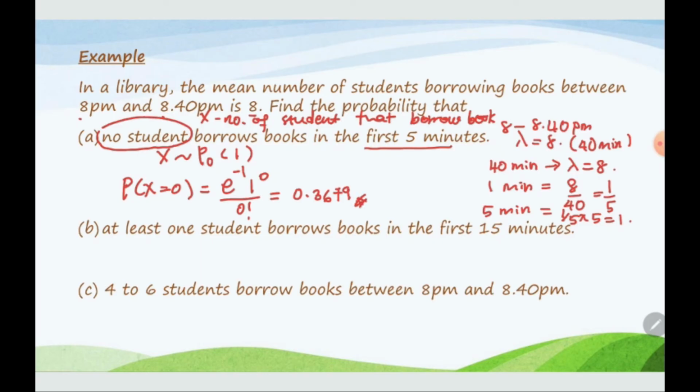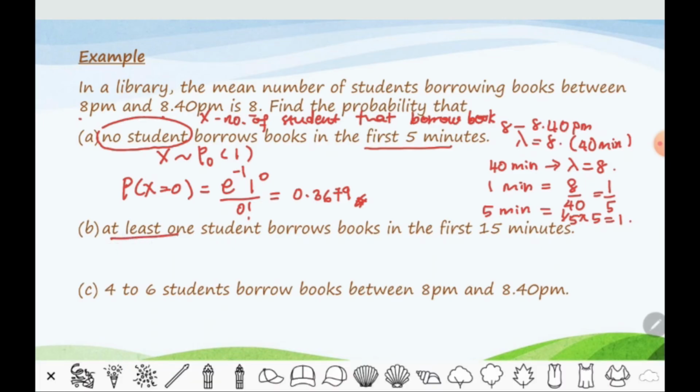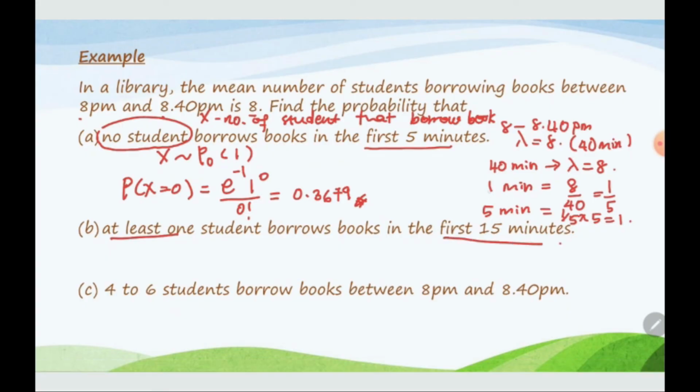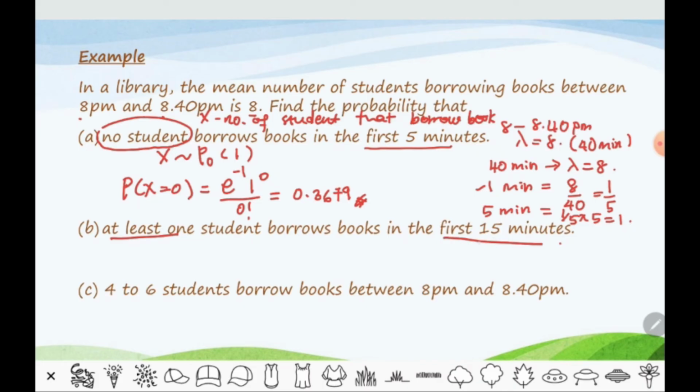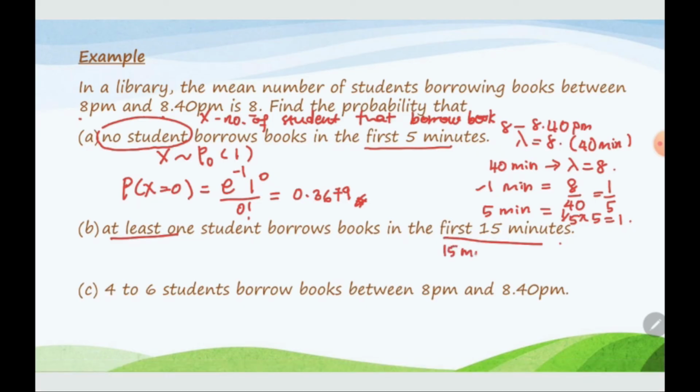Okay, then B, at least one student borrows a book in the first 15 minutes. At least one, which is X greater than or equal to 1, for the first 15 minutes. So we already know for 1 minute the lambda is 1 over 5, so we just multiply for 15 minutes. So take 1 over 5 in 1 minute, multiply with 15. So we will get 3.